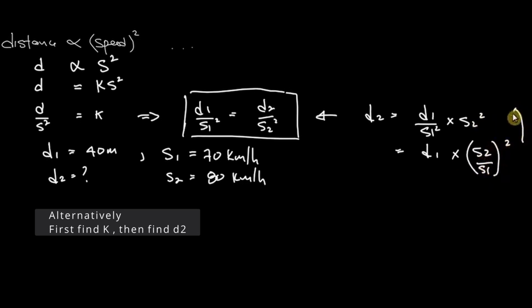This is the same as this. Notice that these two are the same. So we could now solve as 40 times 80 over 70 all squared, and that is going to give 52.2 meters.